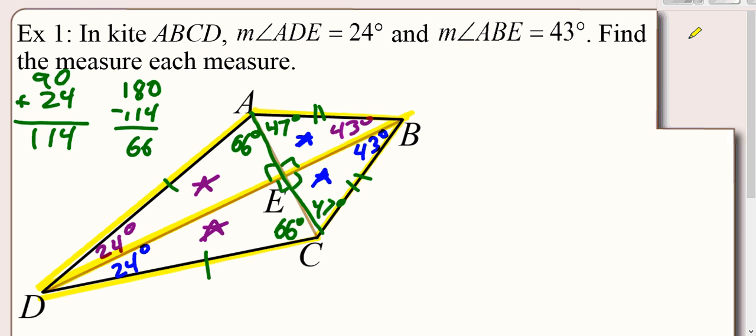We did find all the angles. That's really all we had to do. And if you checked and added all of these up, not the 90s in the middle, but the angles going around, angle A altogether, angle B altogether, angle C altogether, and angle D altogether would have to be 360.